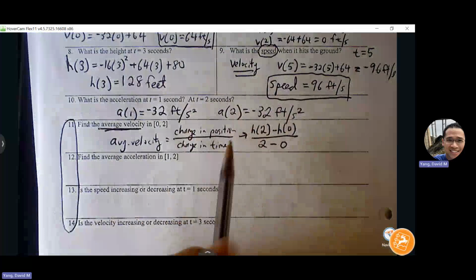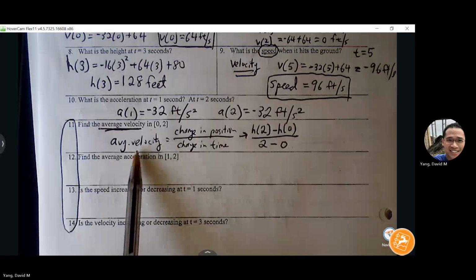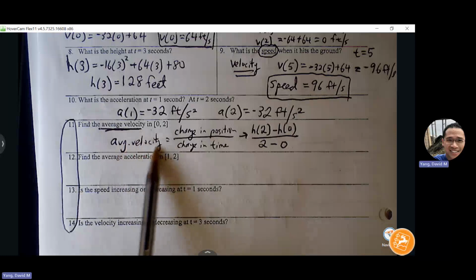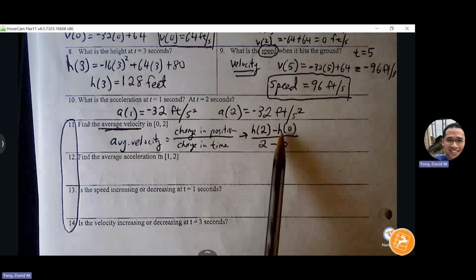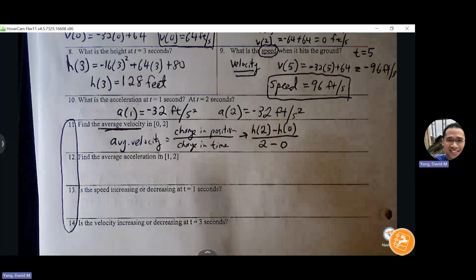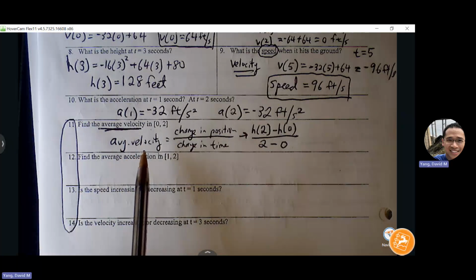Now, why do students have so much trouble with this? The reason is that we see the word velocity here, but do we ever touch the velocity function? No. We are just using the position function to find the average velocity. If it's asking for the instantaneous velocity, what the velocity is at 2 seconds or at 0 seconds, then we'll use the velocity function.